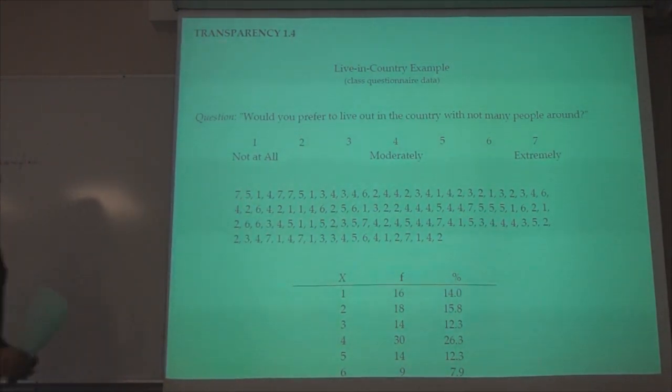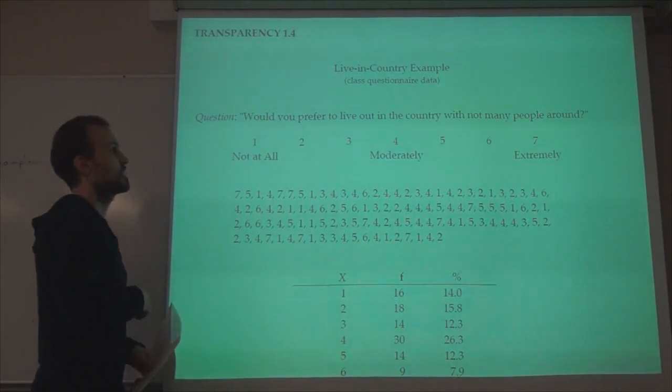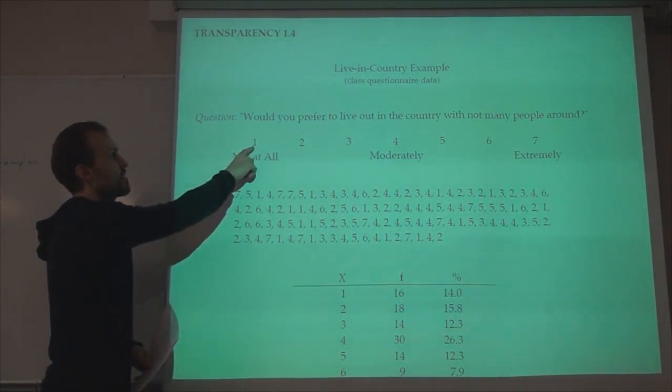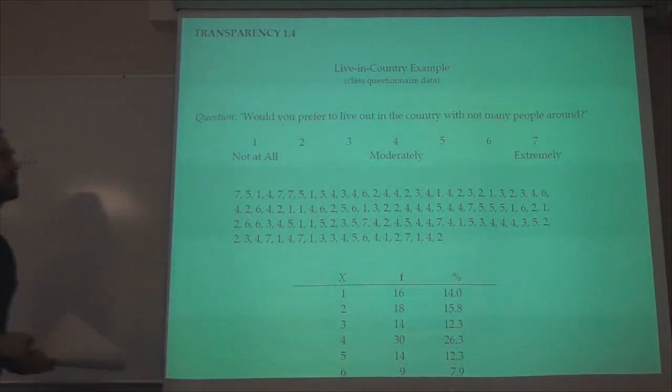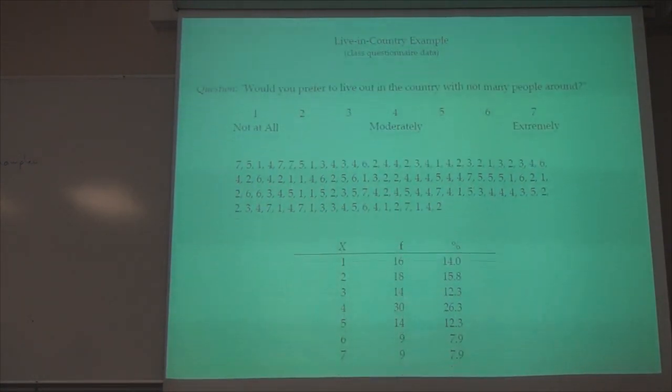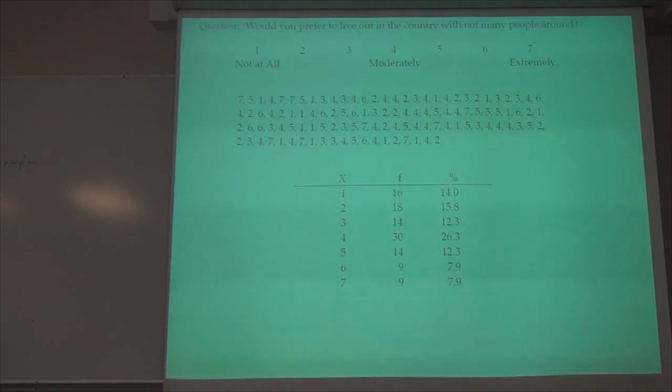Where the possible values for this variable range from 1 to 7. Not at all do I want to live out in the country, to yes, very much. So I get the survey results, and I can summarize that in a frequency table.